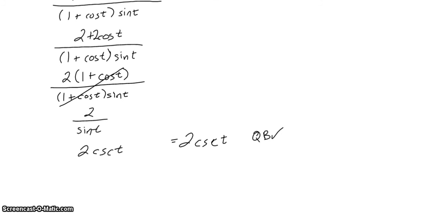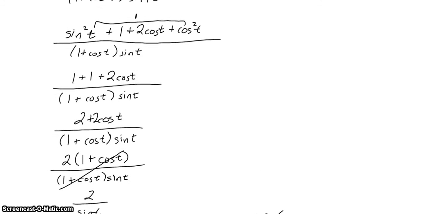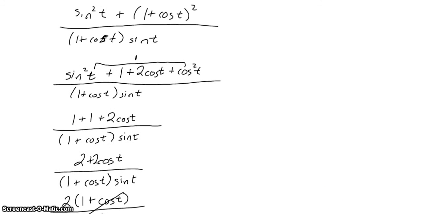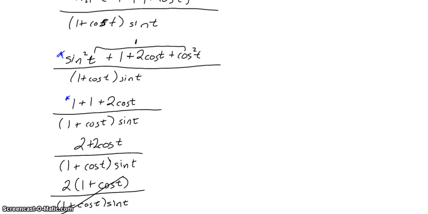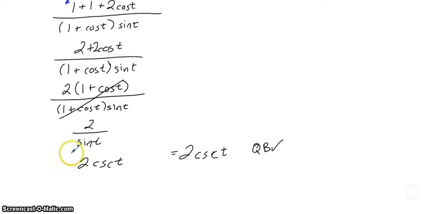Again, recap, where are your trig steps? Your trig steps occur right here in the identity to get that identity for that 1. And then the identity right here, going from over sine of t to cosecant of t. That's it.